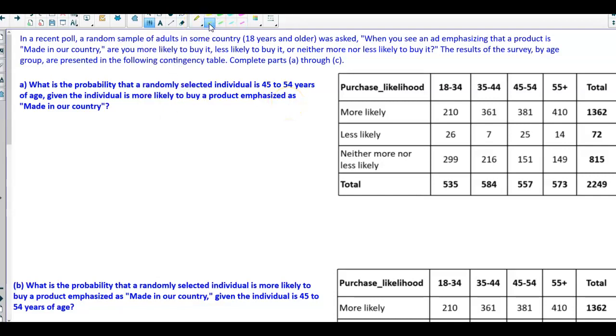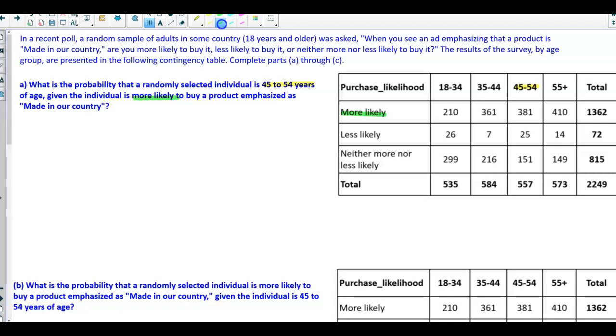So we're looking at the column 45 to 54 years of age, and then given that the individual is more likely to buy a product, which is emphasized as made in our country.